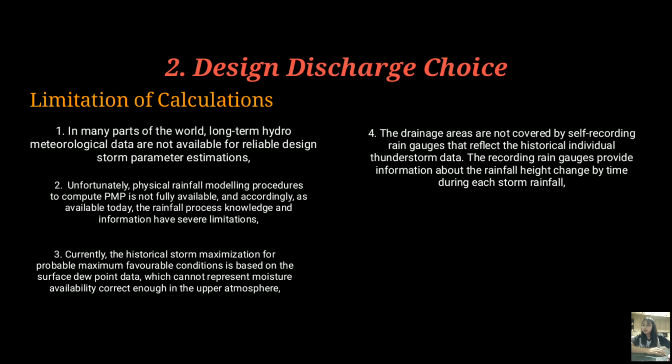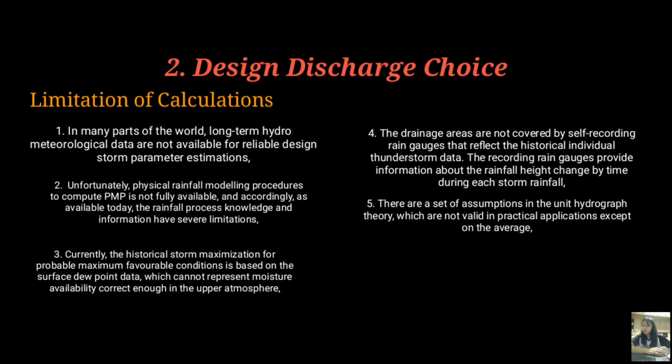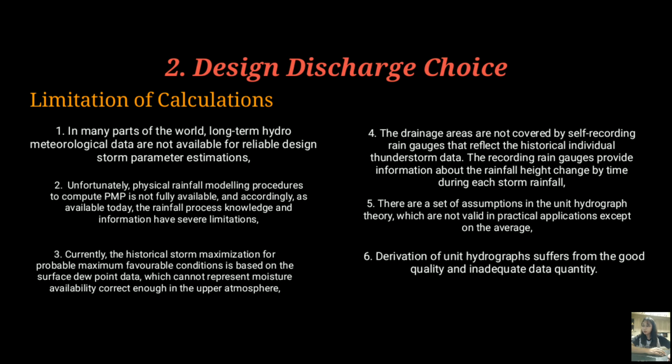Number four, the drainage areas are not covered by self-recording rain gauges that reflect the historical individual thunderstorm data. Five, there are a set of assumptions in the unit hydrograph theory which are not valid in practical applications except in the average. And number six, the derivation of unit hydrographs suffers from inadequate data quality.